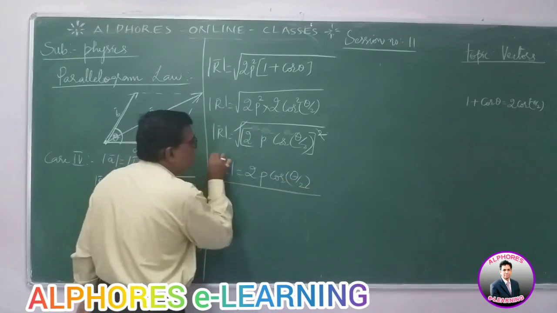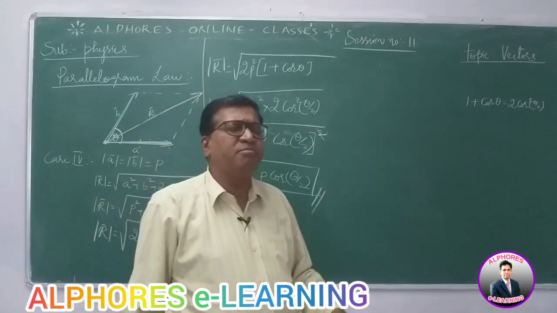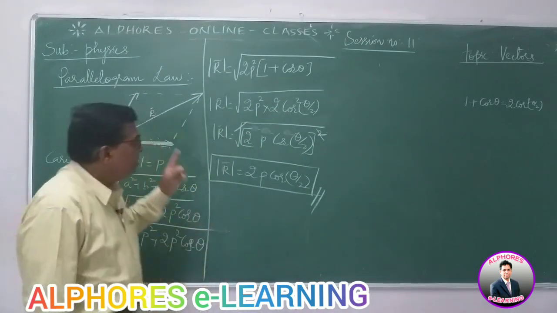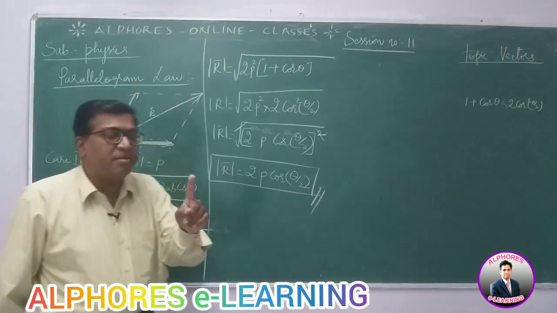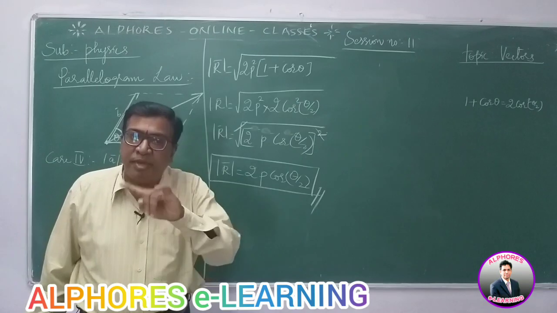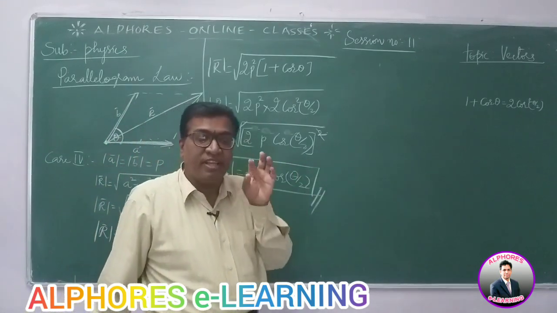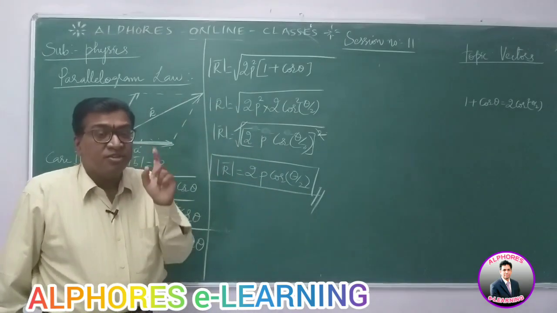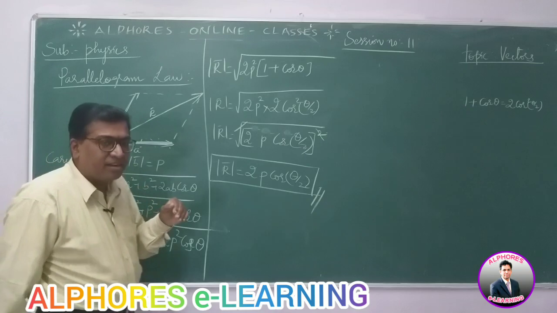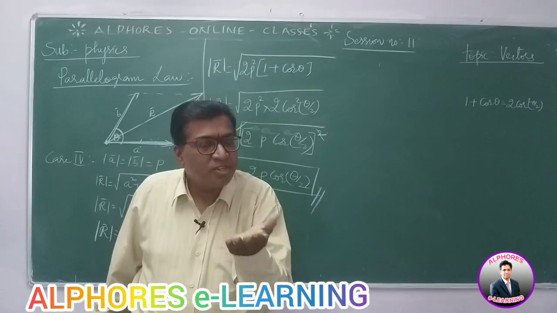A very important relation, very useful in many cases in coming chapters. Please remember, two vectors of same magnitude p, of course similar vectors belonging to the same physical quantity having the same unit, are represented as two sides of a parallelogram. In a parallelogram, if the sides are equal, it becomes a rhombus.